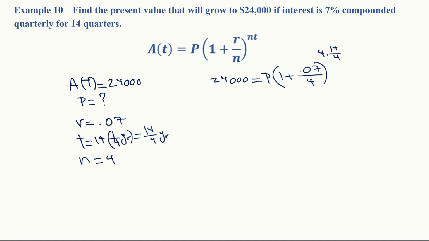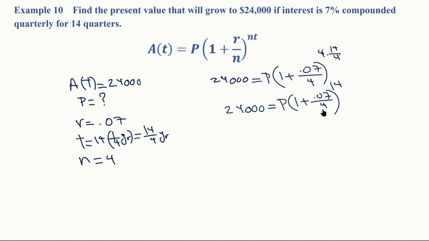Now notice these 4's of course will cancel out, so we'll just end up with 14 for the exponent. So we get 24,000 equals P times 1 plus 0.07 over 4 to the power of simply 14, right? So P is the unknown. What do we have to do to get it by itself?